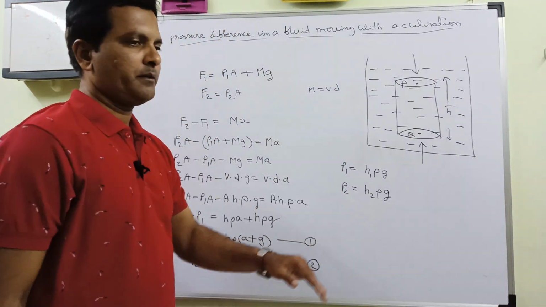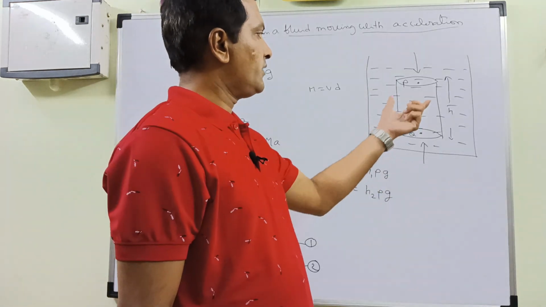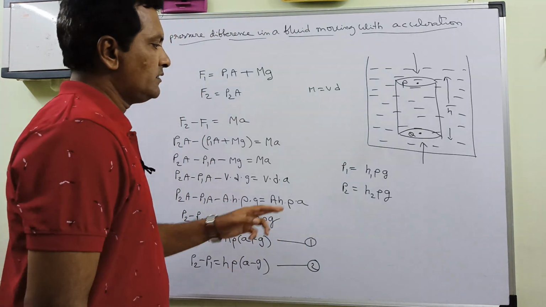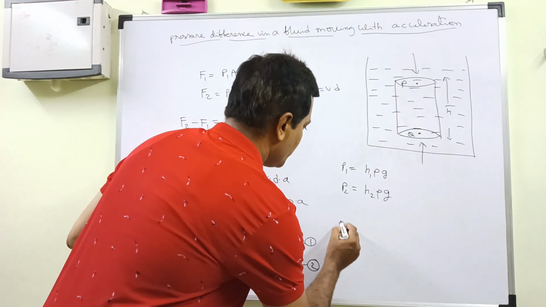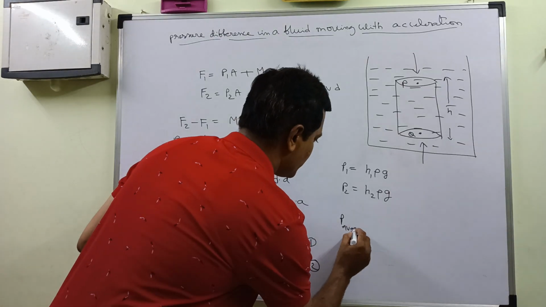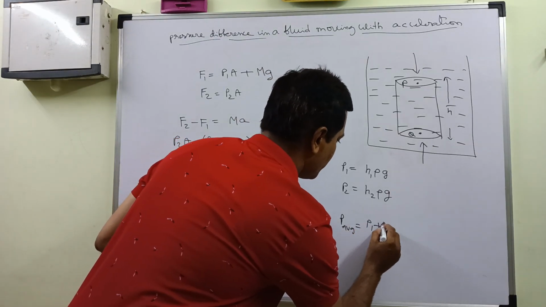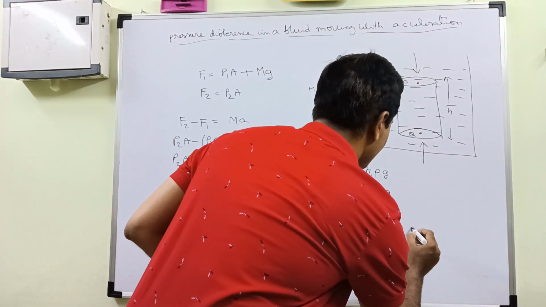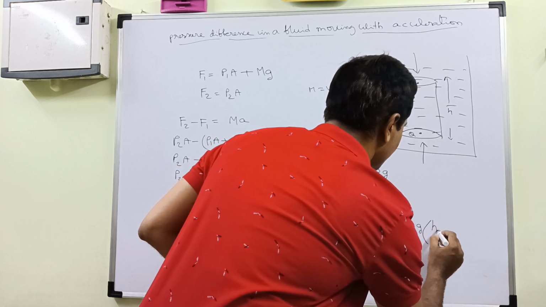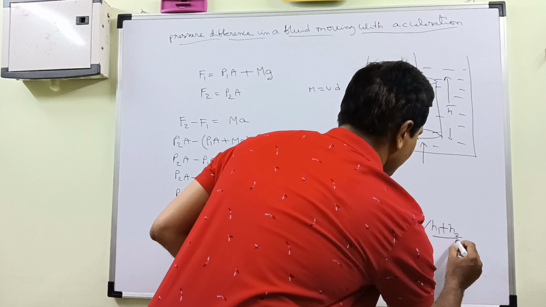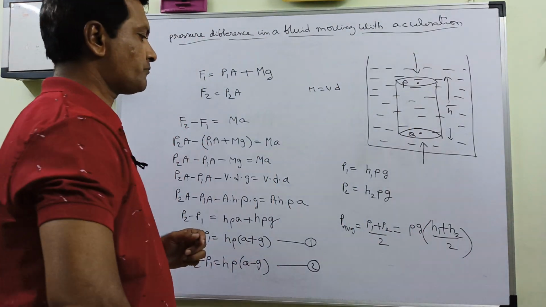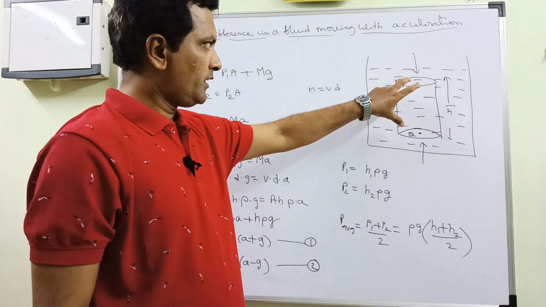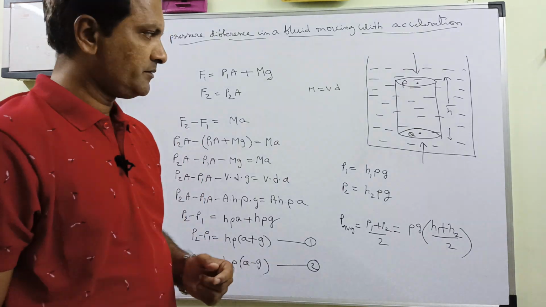So the average pressure acting on the entire cylindrical surface, P average, is equal to P1 plus P2 by 2, which looks like rho g into h1 plus h2 by 2. Okay.